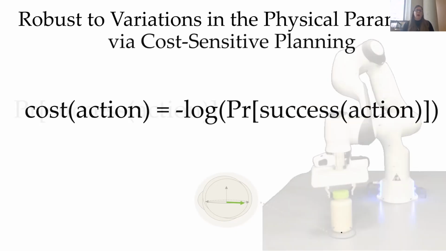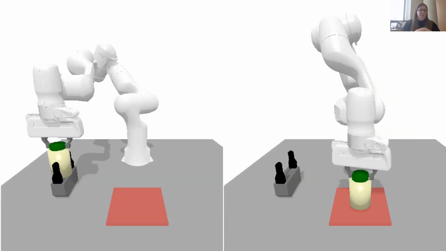If we take the negative log of the probability of our success, then minimizing the cost corresponds to maximizing the planned likelihood of our action. And it's actually very easy within our task and motion planning framework to integrate cost. So if we take this cost that accounts for possible variations in our physical parameters, that enables our robot to make more robust choices.